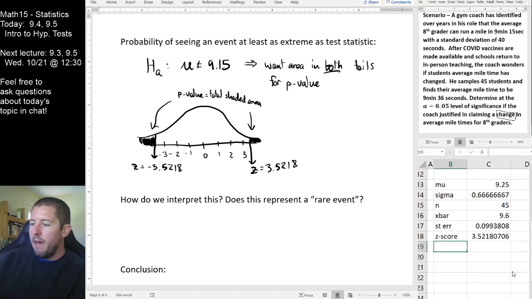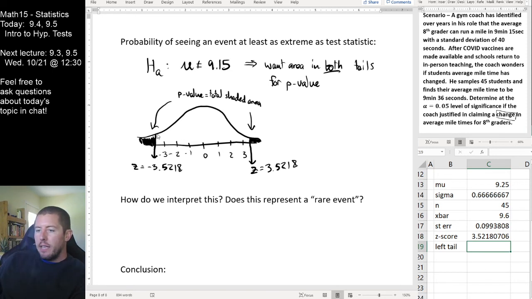To compute my p-value, what I'm going to do is call this my left tail. The left tail of my p-value, that's just one of my two tails. I'm choosing the left tail, by the way, because this has area to the left of a known location right there. So it's always easier for me to compute my left tail. So I'm going to say it is equal to norm.s.dist because I do have standard normal stuff. I'm talking about z things.